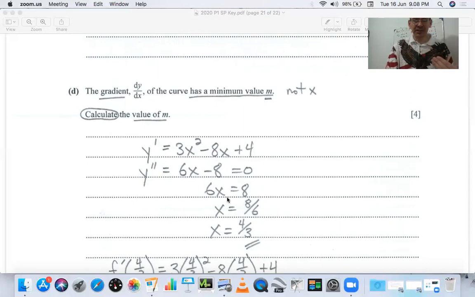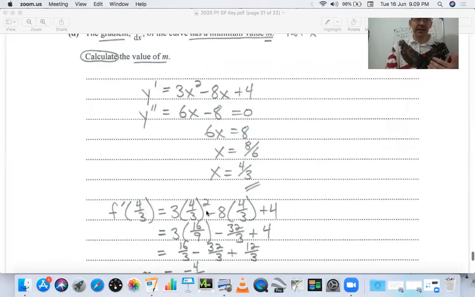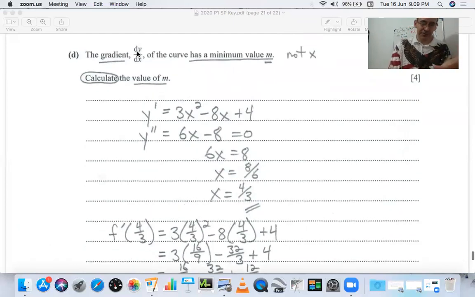What we found was the x coordinate of the minimum, and now we need to calculate its value by plugging it into the function that it relates to. And it's not relating back to the original function. This is a minimum of the first derivative. So we need to plug it into the first derivative because this is a minimum of our dy/dx.